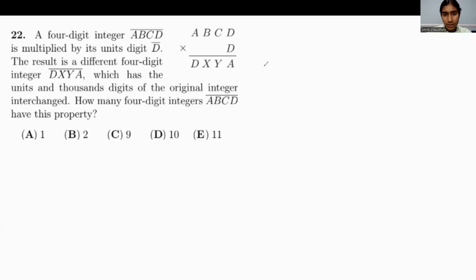So here let's notice a few things. So D times D has a units digit of A. So let's write that down.